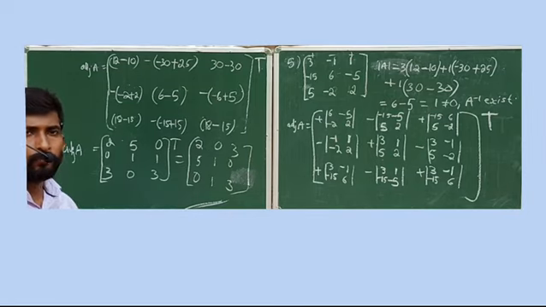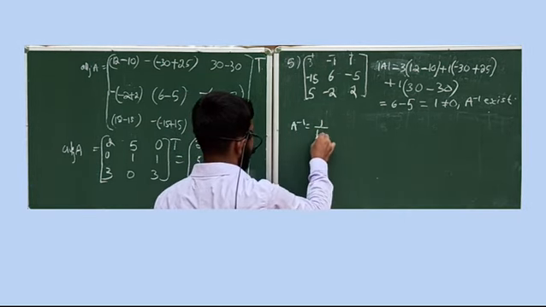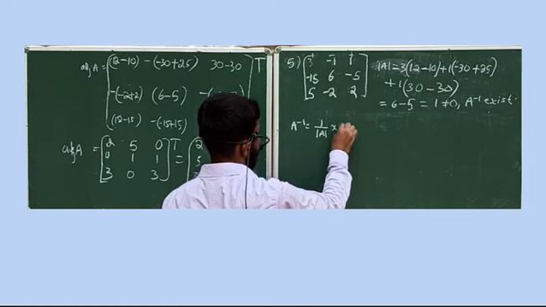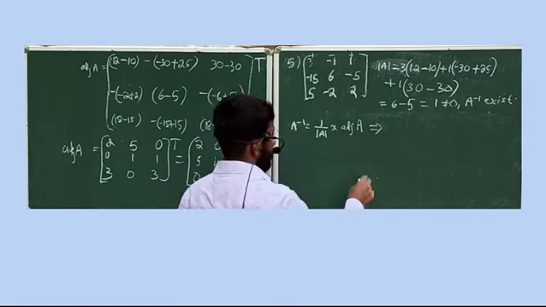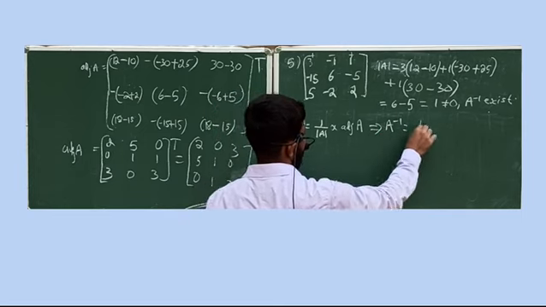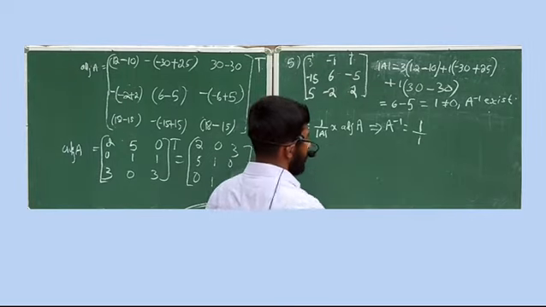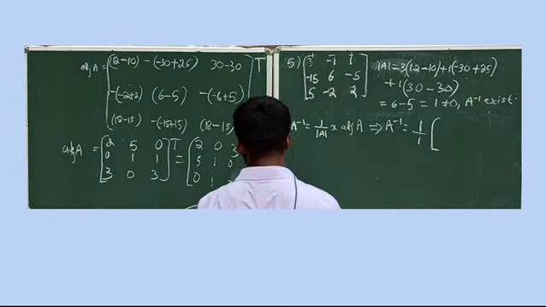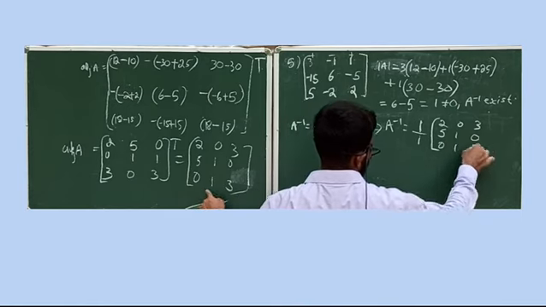Now substitute these values in the A inverse formula. A inverse is equal to 1 by determinant A into adjoint A. It implies A inverse is equal to 1 by determinant A, which is 1. 1 by 1, again you will get 1 only, into what is adjoint A, 2 0 3, 5 1 0, 0 1 3.